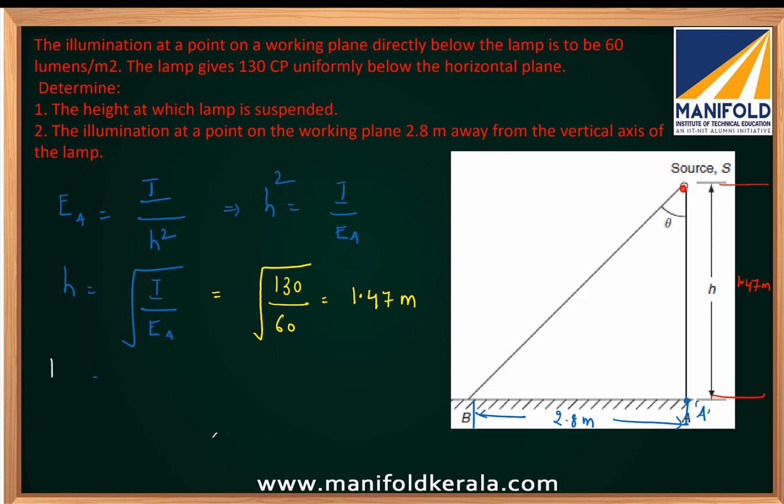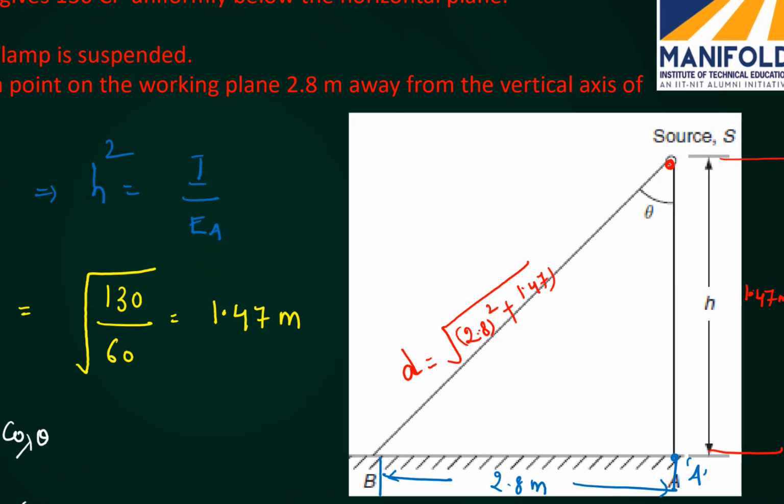So illumination at point B is given by I by d square into cos theta, where d value is this one. So how to compute the d value? The d value is the square root of 0.8 square plus 1.47 square. If you calculate, you're going to get the d value.